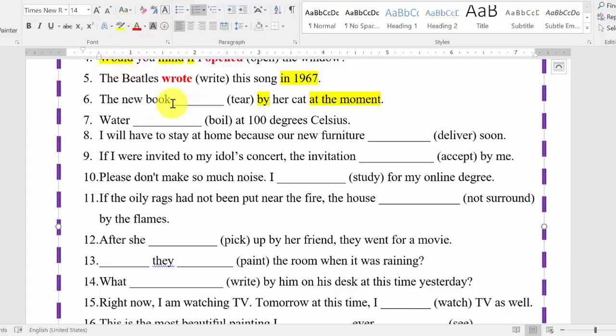So the new book, only one book, so we choose is, and our format being PP. The PP of tear is torn, T-O-R-N, while the past tense is tore, T-O-R-E. No such thing as tear-ed. So the answer is being torn by the cat at the moment.